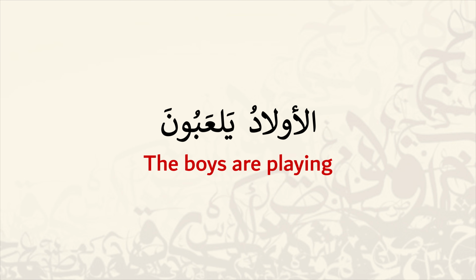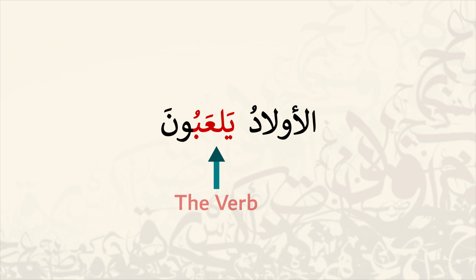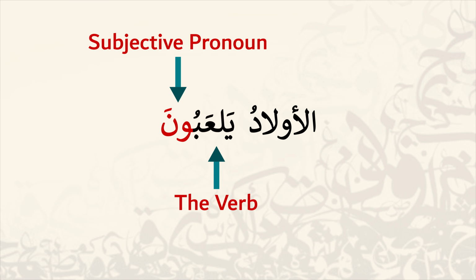The sentence is nominal because it begins with a noun, الأولاد. And then we have a verb, يلعبون. يلعب is the verb and the suffix واو نون is a subjective pronoun, meaning they. This pronoun is the subject.